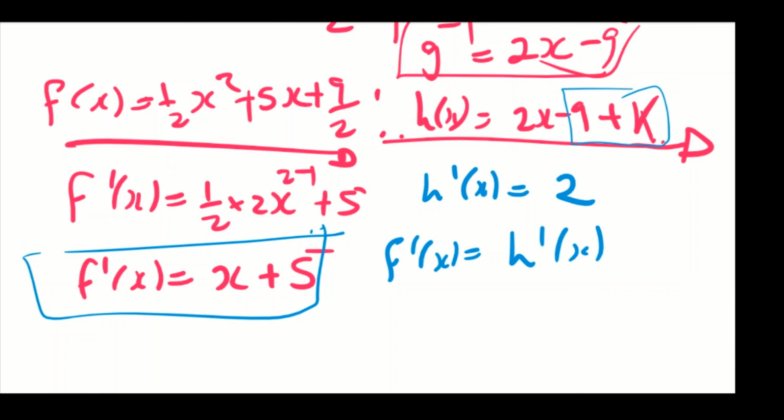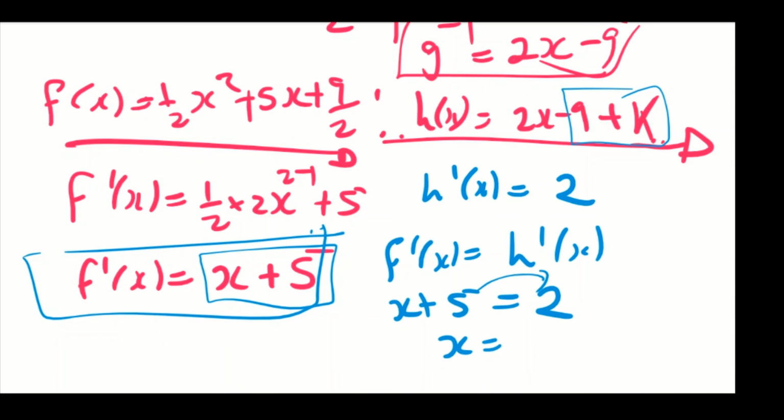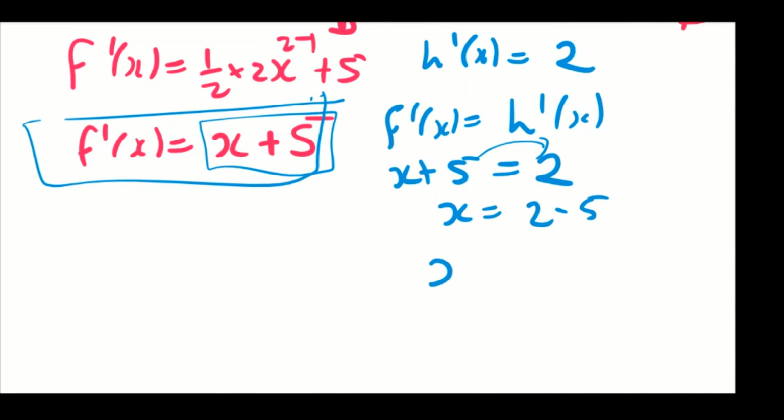So instead of writing f prime of x, we write x plus 5. So x plus 5 is equal to 2. Transpose the 5 to the other side, you have x equals 2 minus 5, and then our x is equal to minus 3, right?